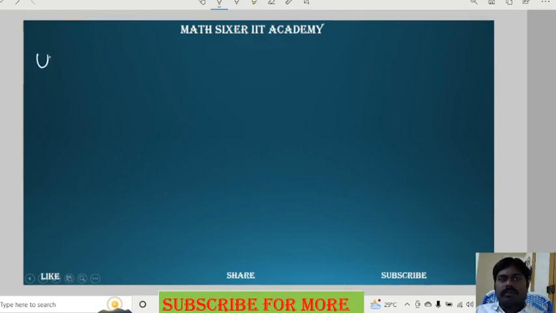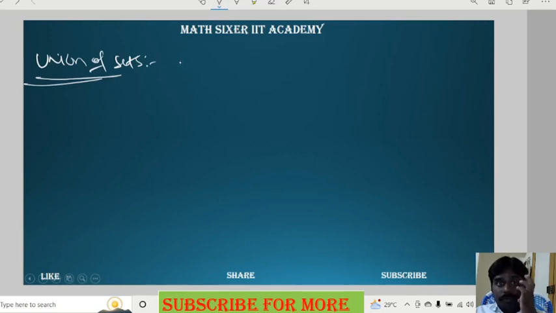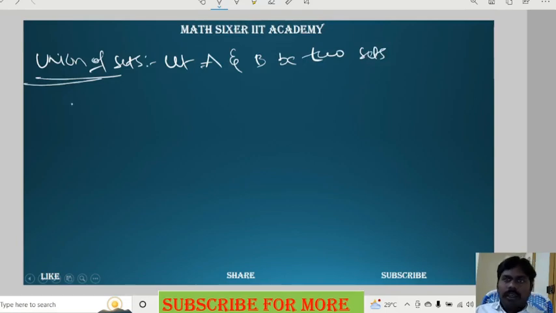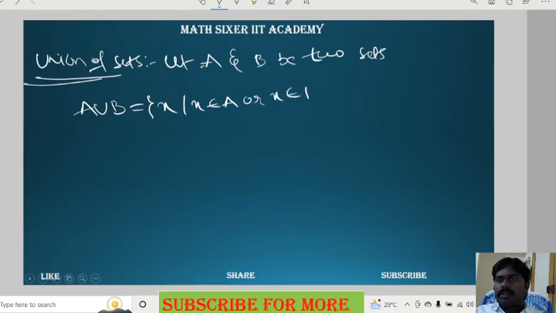Next, union of sets. Okay. So first of all I am taking two sets. Let A and B be two sets, and the union of two sets is denoted by A union B, and it is defined as {x such that x belongs to A or x belongs to B}.